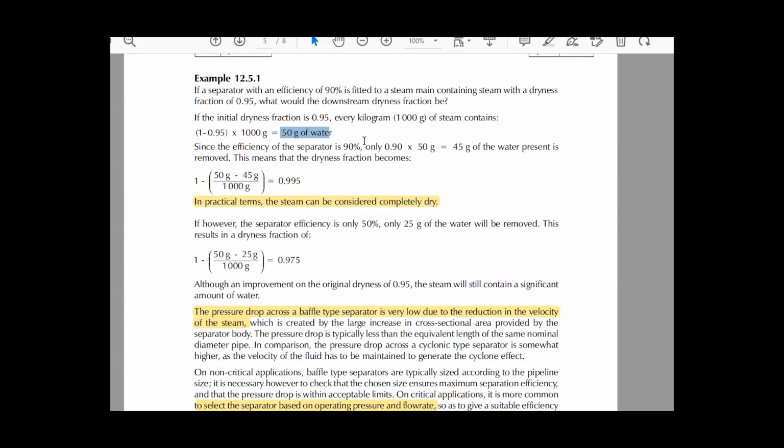So the efficiency is 90%, so 45 gram of water is removed. This amount of water is removed by the steam separator, because the efficiency of the separator is 90%. So the dryness factor will be like that.